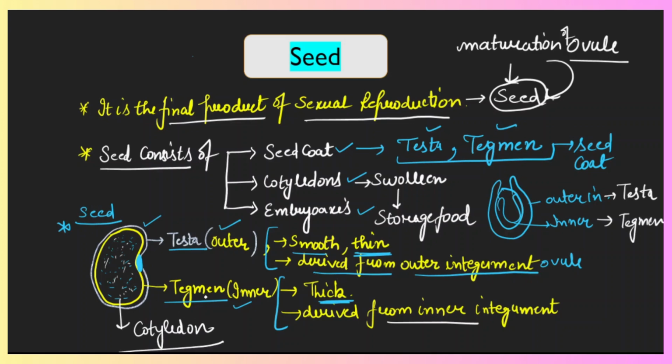The third main part of the seed is the embryo axis. These three parts of the seed are very important, so make sure you note them down carefully.